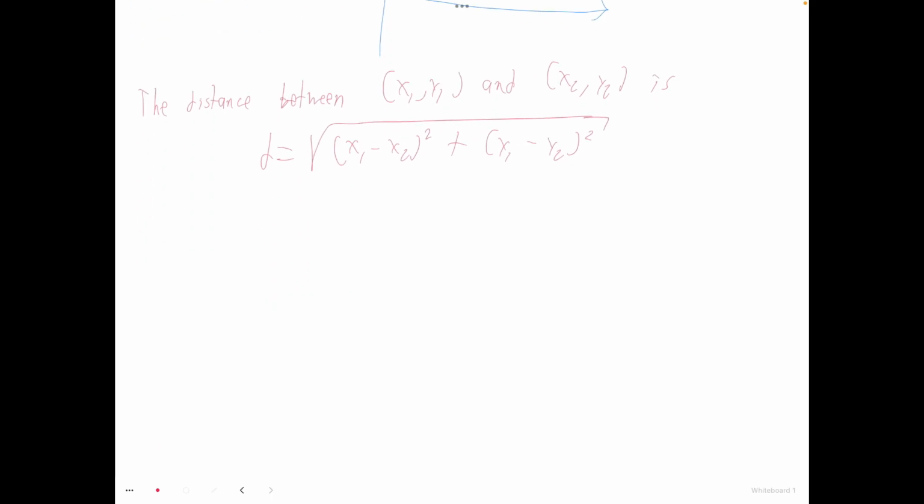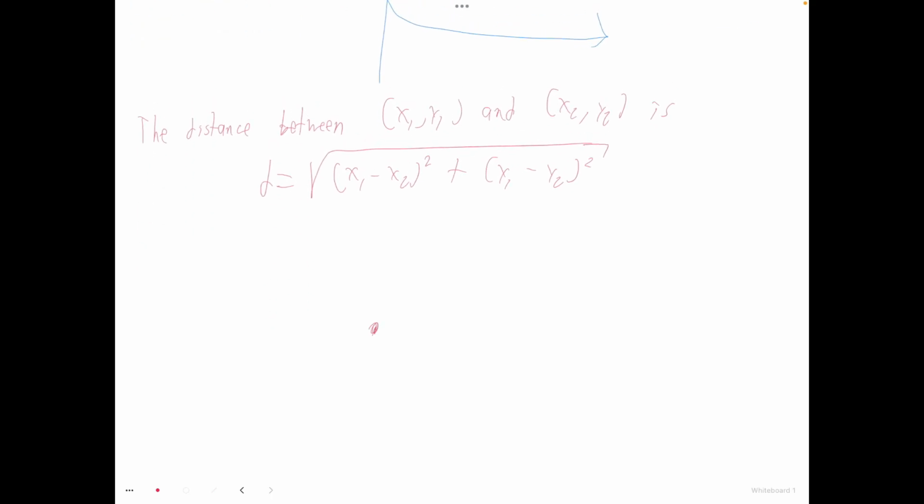Again, this is coming from the Pythagorean theorem. If you take your 2 points, the distance is this line right here, d, and so what you do is you draw a triangle. The length here is going to be x2 minus x1, and this is going to be y2 minus y1. And then from the Pythagorean theorem, you get what d equals. So that's all we're doing to get the distance here.